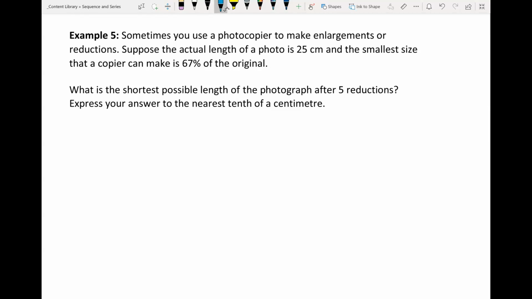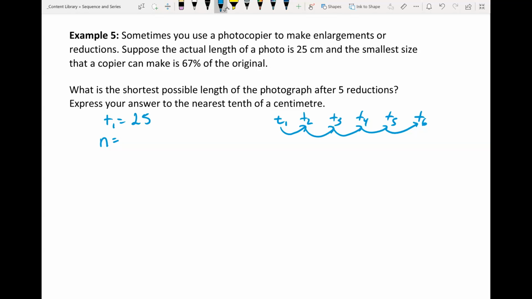All right, so our first T1 is going to be 25, and all our terms are going to describe the length of the photo. Our n, well, let's think about this. We have a T1, which is 25, and we're talking about 5 reductions. So this is 1 reduction, 2 reductions, 3 reductions, 4 reductions, 5 reductions.